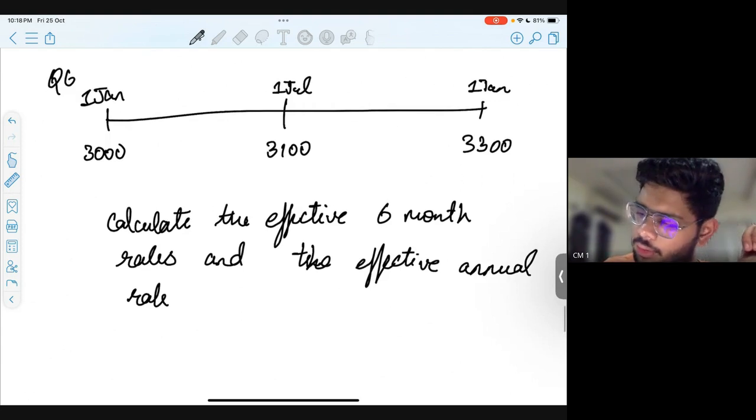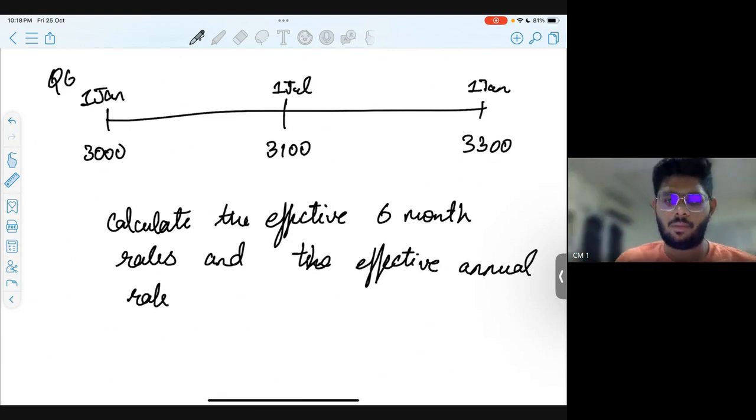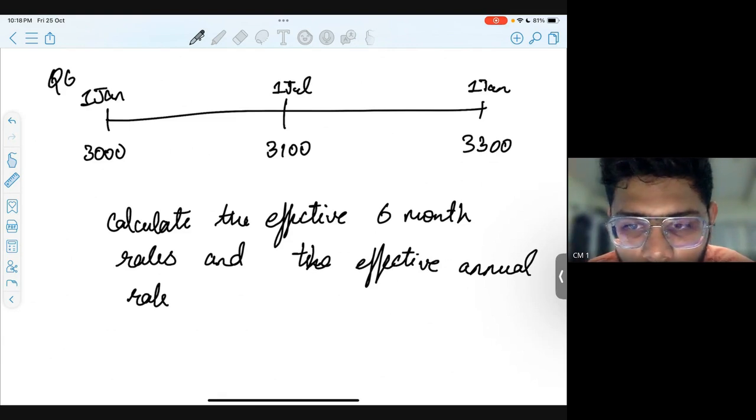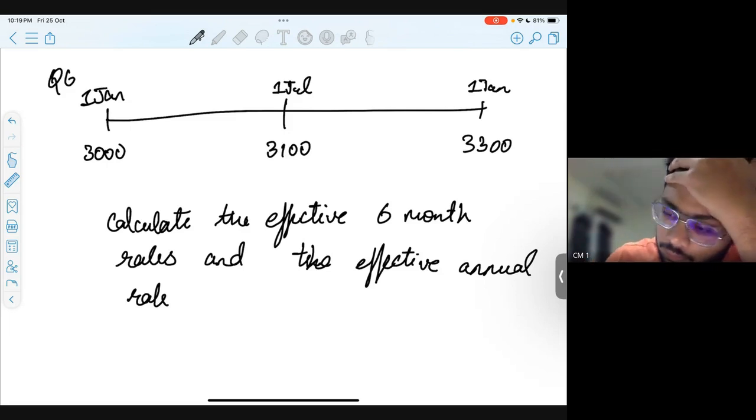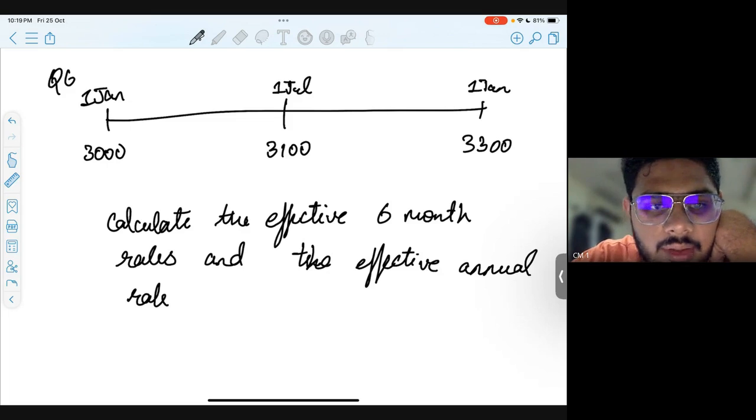ऑलराइट, तो बताइए। Annual, yes, you're right. Now the first half year effective and the second half year effective.